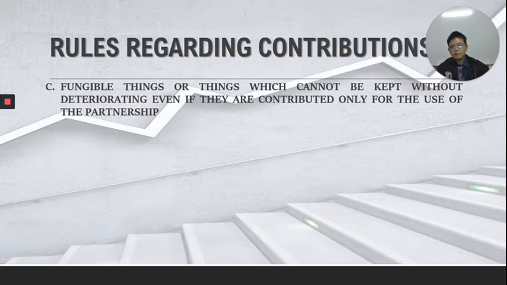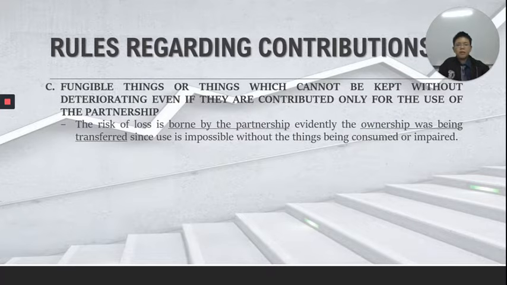Also, number 3, if what is contributed is a fungible thing, or yung things which cannot be kept without deteriorating. Remember, class, the risk of loss is borne by the partnership, because here there is an obvious transfer of ownership. Kasi nga, pagka ginamit mo ang mga fungible things na to, they have to be consumed or impaired.